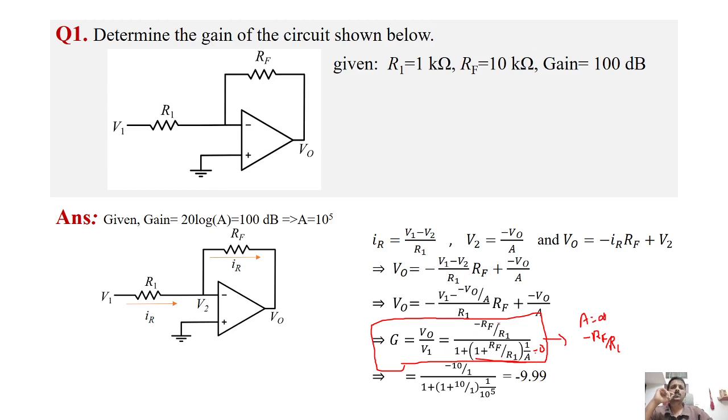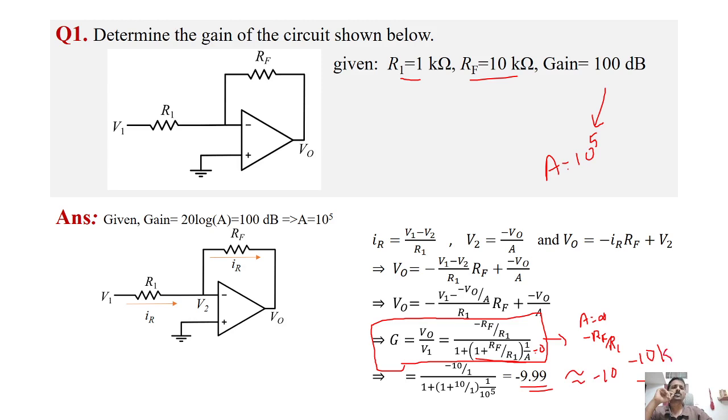Since Rf, R1 and the gain A we have found from this term, we will substitute those values here and we'll get the gain G as equal to minus 9.99. So it is almost equal to minus 10, right? Rf is 10k, and R1 is 1k.